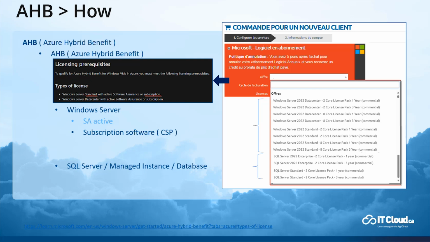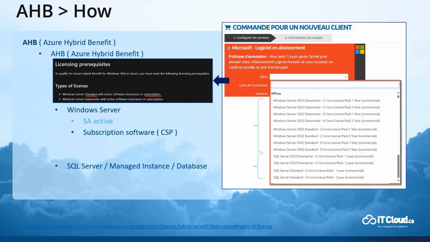So there is a particular section from us. As you can see, to activate the Azure Hybrid Benefit, you need to get a prerequisite and type of available license about that. And for sure, from subscription, from CSP, we have a particular situation.